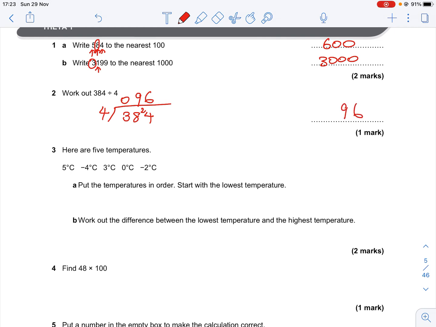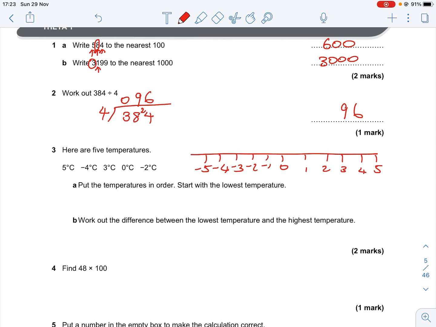So here are 5 temperatures. Put the temperatures in order. Start from the lowest. So this is our number line, remember? So we have 0, then we have -1, -2, -3, -4, -5, 1, 2, 3, 4, 5.